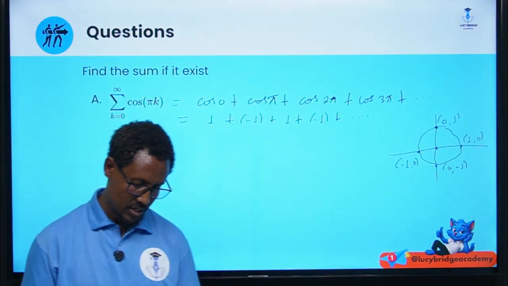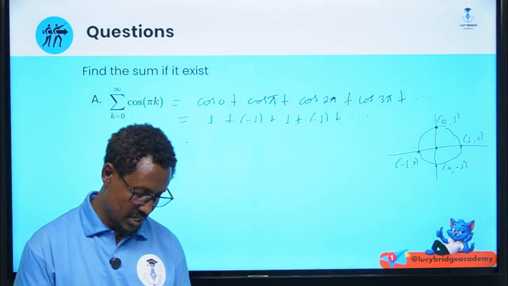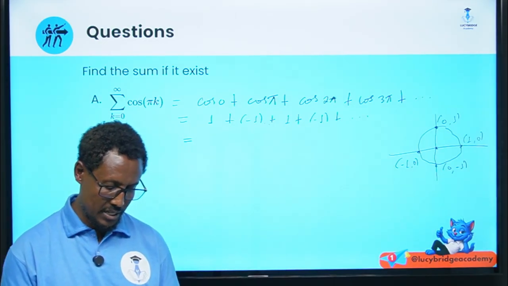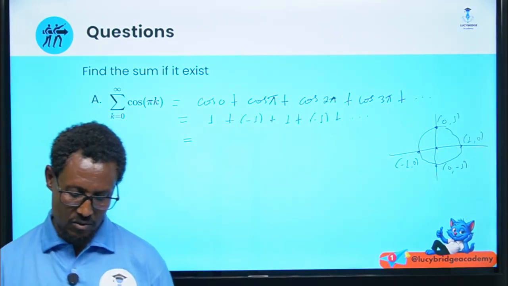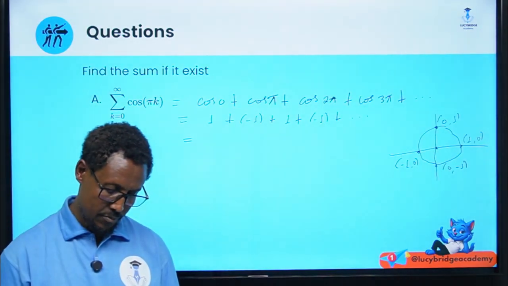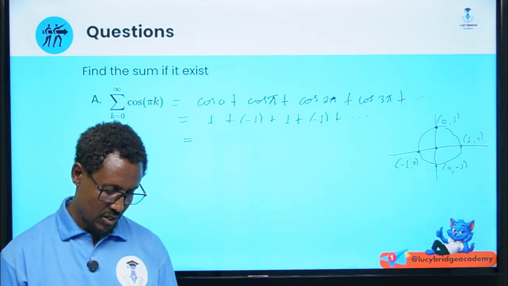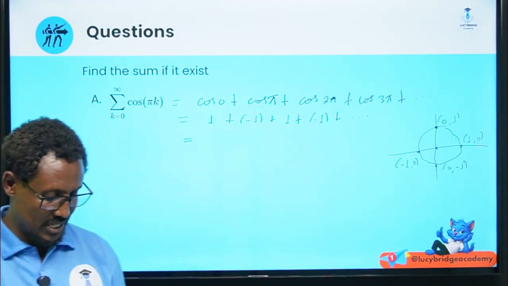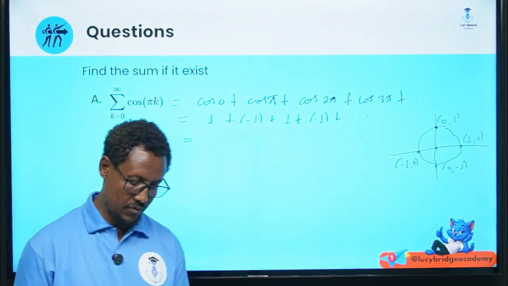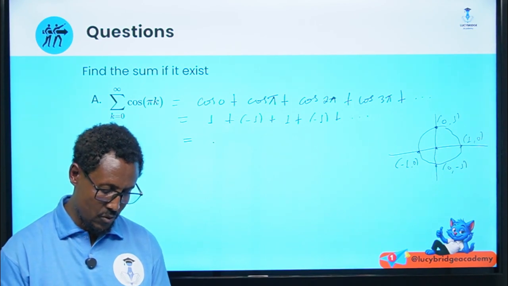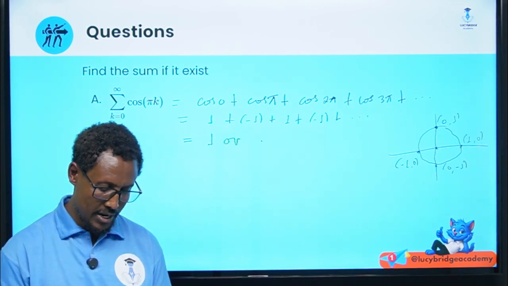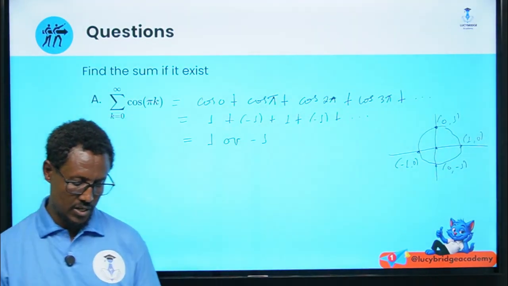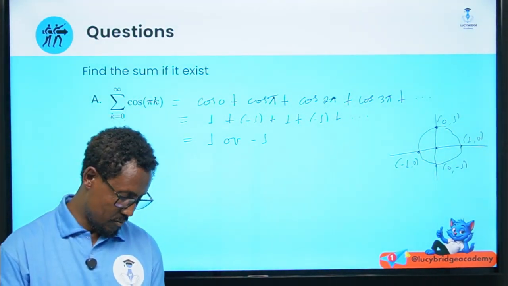So this means 1 plus minus 1, 1 plus minus 1, plus 1, it continues. 1 minus 1, 1 minus 1, it continues. So what is the sum? The sum of this sequence is either 1 or minus 1. Sorry, not either 1 or minus 1.